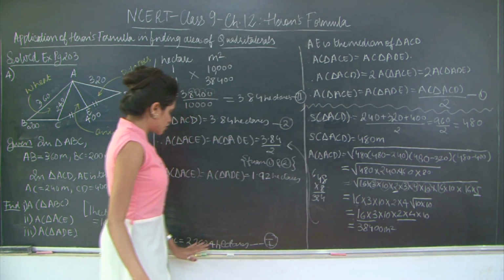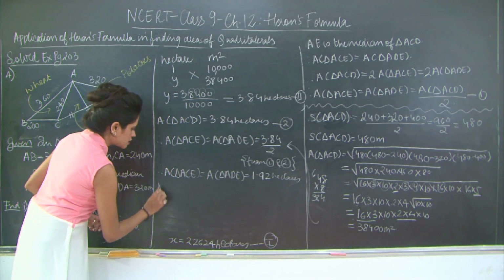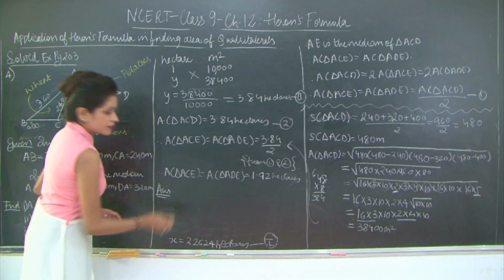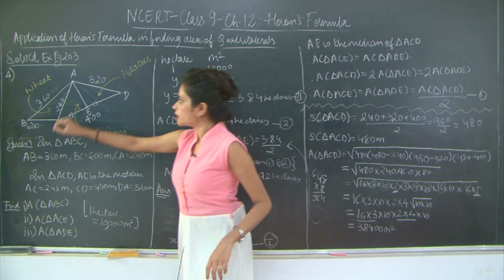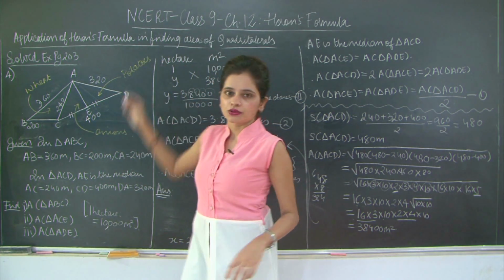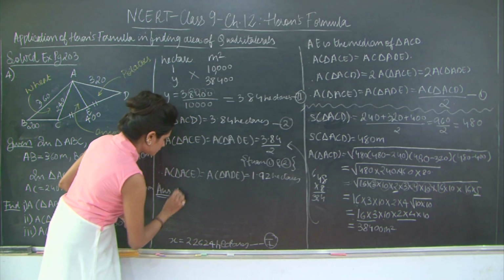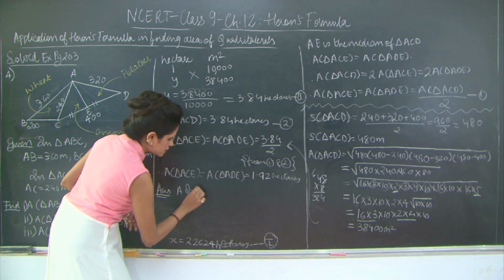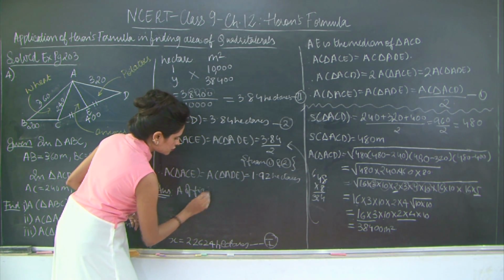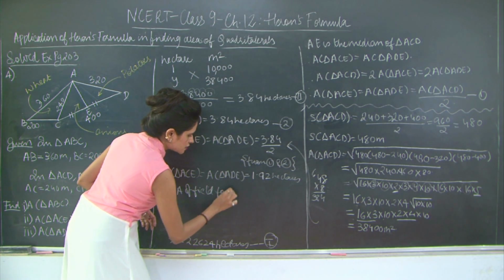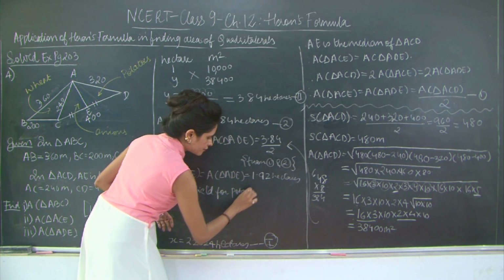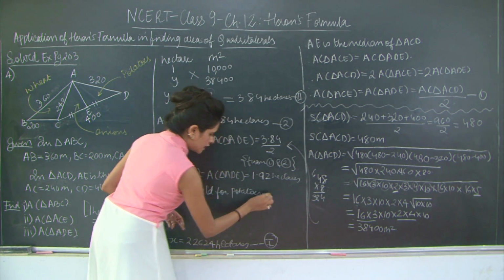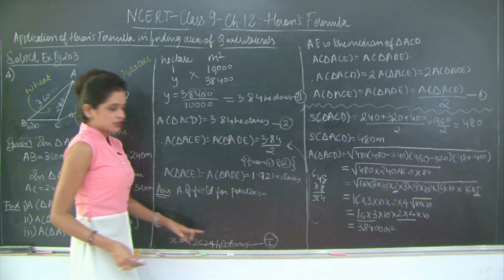So finally, what is your answer? You're going to write your answer in terms of the area of field for wheat, onions and potatoes. So area of field for potatoes is what? It's going to be 1.92 hectares.